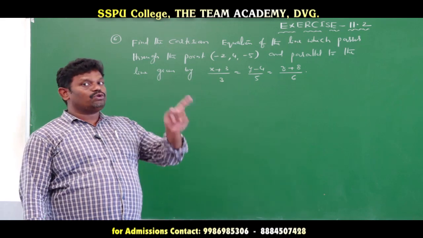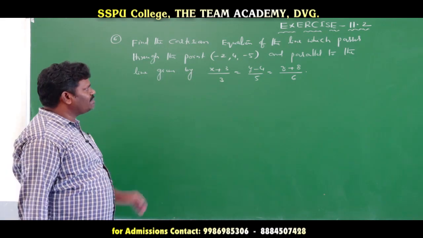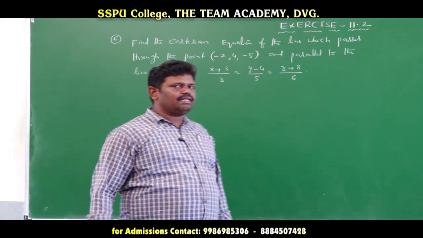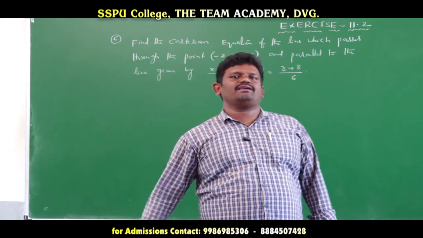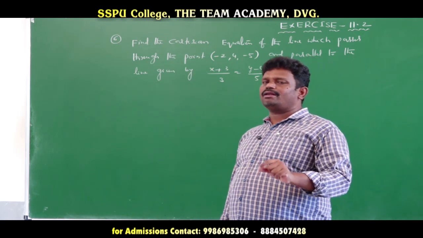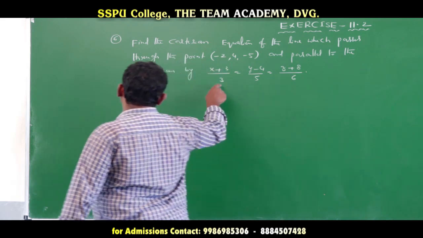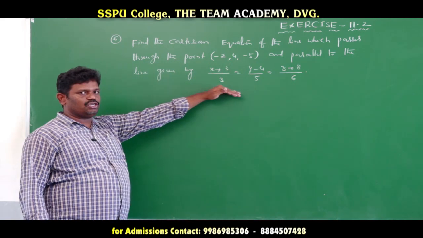But here the vector is not given directly; the required line is parallel to this one. If any two lines are parallel, then their direction cosines are the same. So the required line's direction ratios are equal to those of the given line.